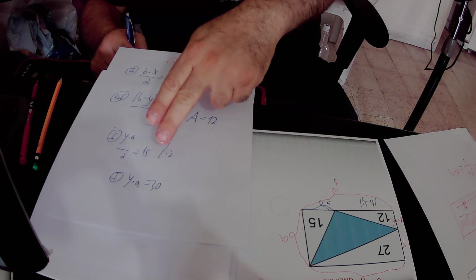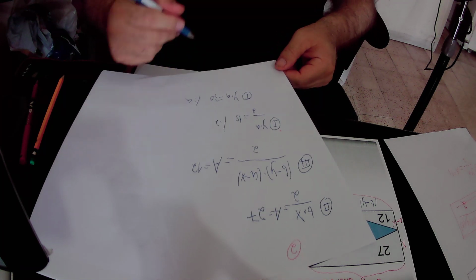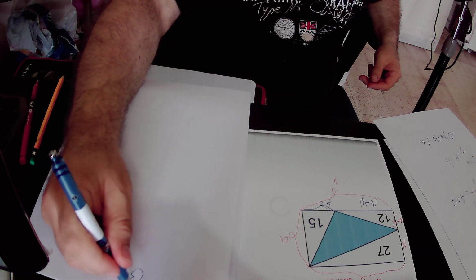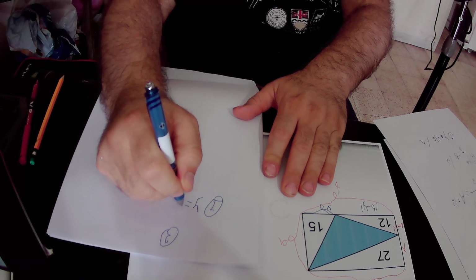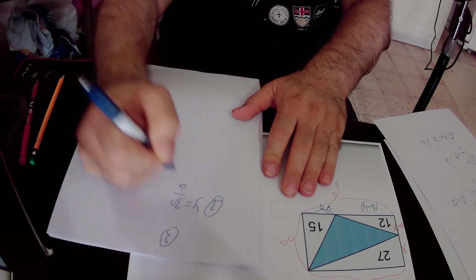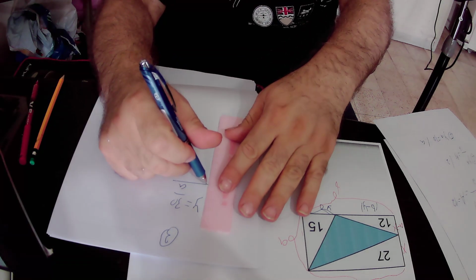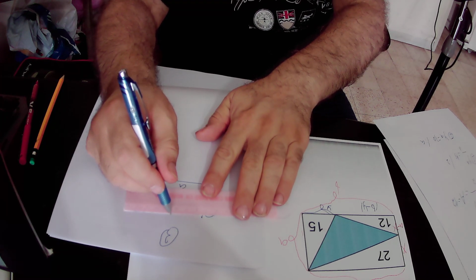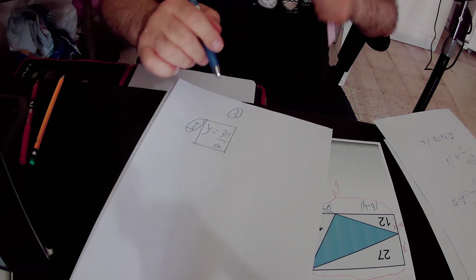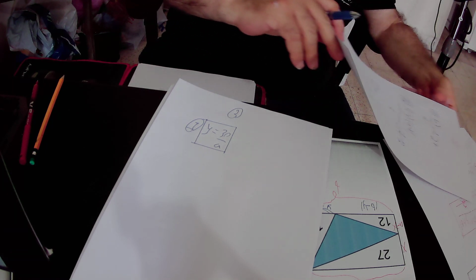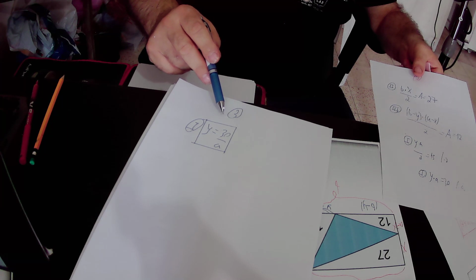So we can divide both sides of this equation by A, and we will get that y equals 30 over A. Okay, so in this way we took y out of the first equation.